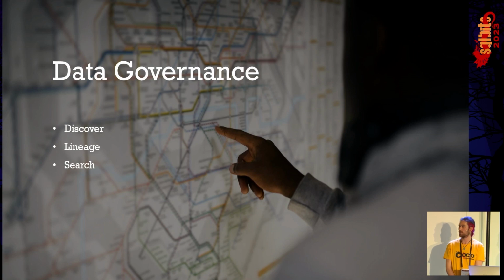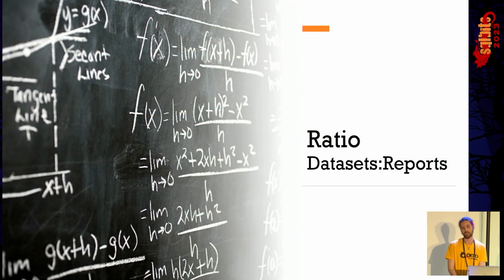So when we're looking at data governance, a quick and easy place to start that gives us a good indication of where the estate might be is to have a look at the ratio between data sets and reports.